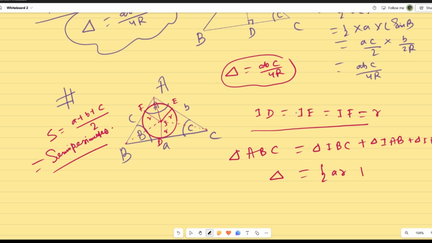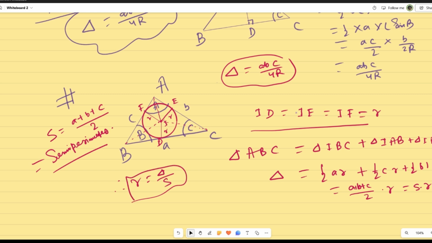Half A into R, half C into R, half B into R. So A plus B plus C by 2 into R. S into R. You can write R also in terms of this, delta by S. I hope sums will be based on this.